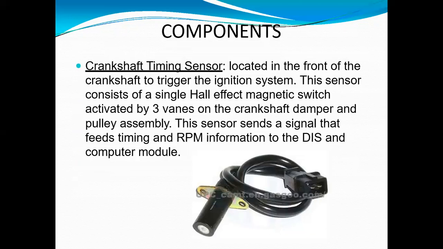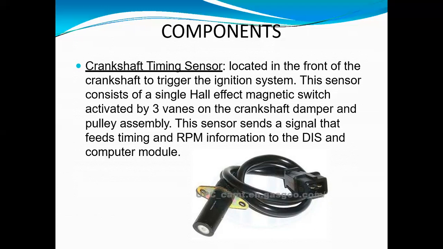So, components. What are the components used in the direct ignition system? One is the crankshaft timing sensor. It is located in front of the crankshaft to trigger the ignition system. This sensor consists of a single Hall-effect magnetic switch activated by 3 bands on the crankshaft damper and pulley assembly.